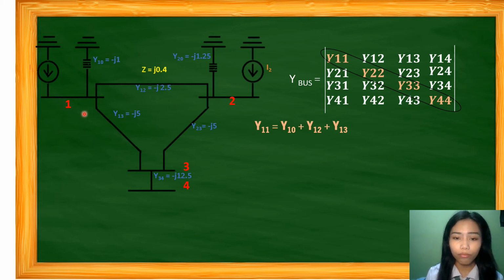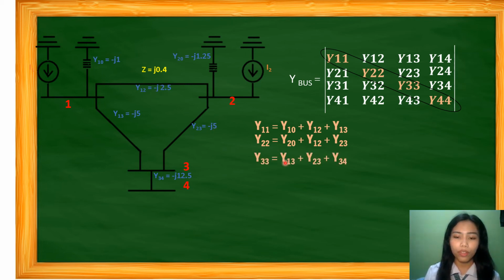From bus 1, we have 3 admittances, and we take the summation of those 3. In bus 2, we have Y22, the summation of these 3 equals Y22. For Y33, we have Y13 plus Y23 plus Y34.